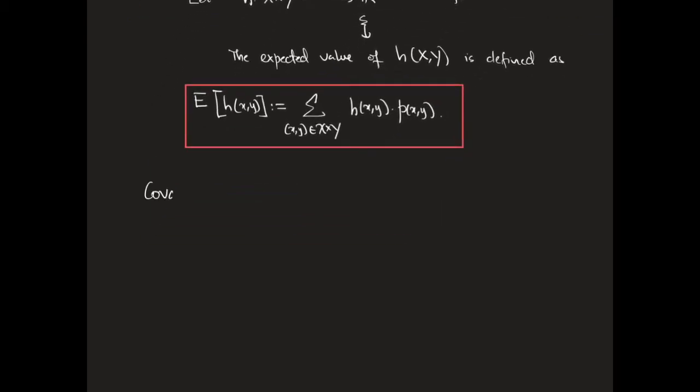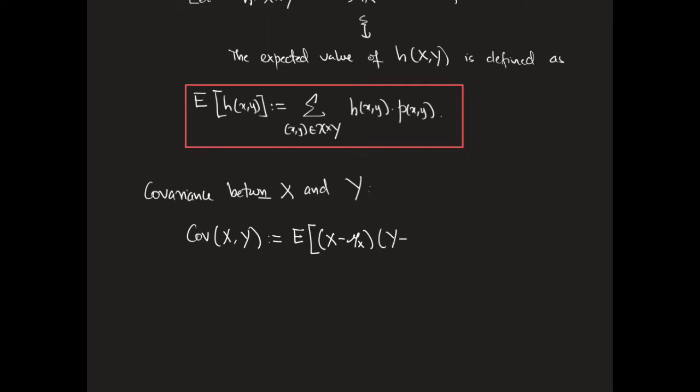We use the definition of expected values to define the covariance of X and Y as the expected value of the function (X minus mu_X) times (Y minus mu_Y), where mu_X is the expected value of X and mu_Y is the expected value of Y.